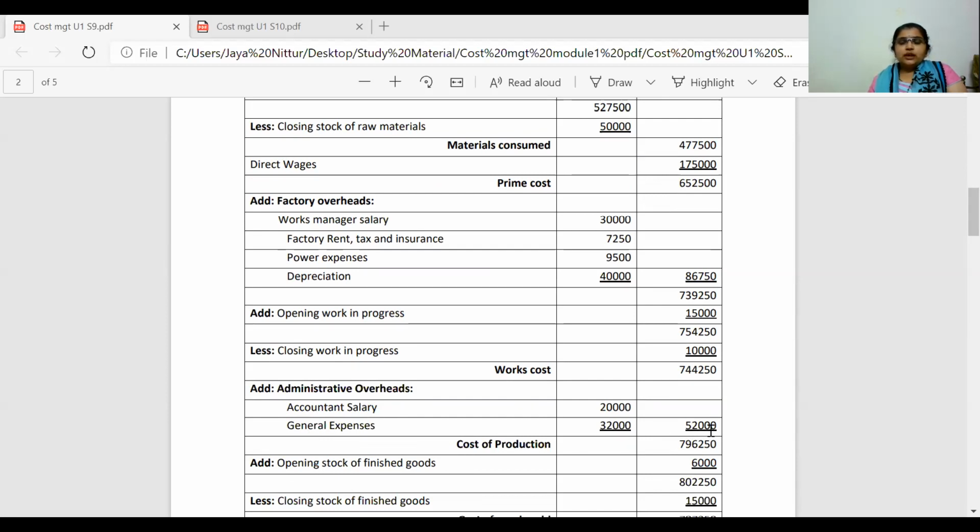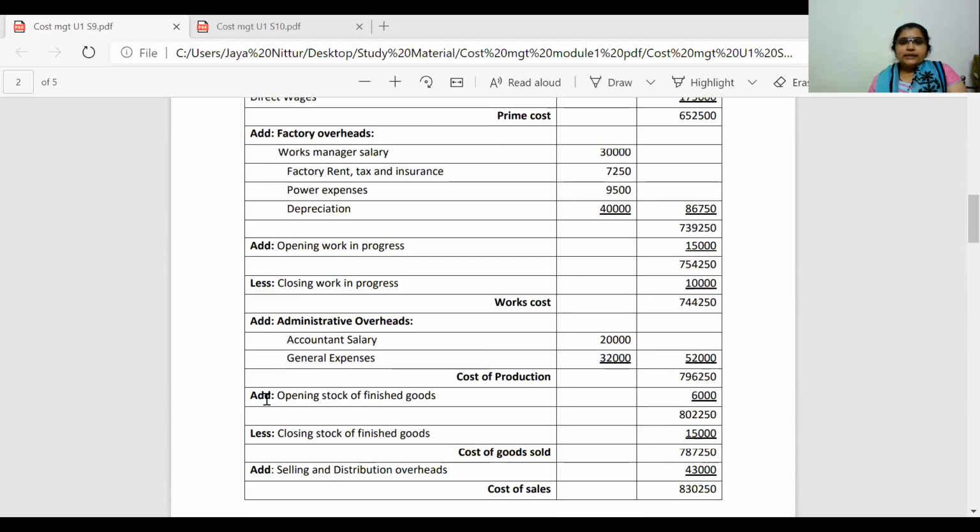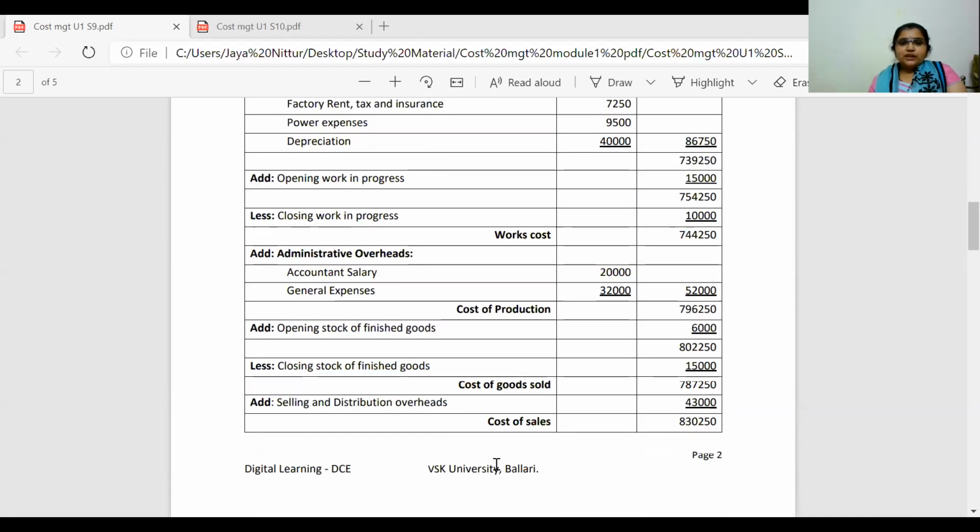Adding this to the works cost, the total amount is 7,96,250, the cost of production. Again, we add the opening stock of finished goods and deduct the closing stock of finished goods. Then we get the cost of goods sold.